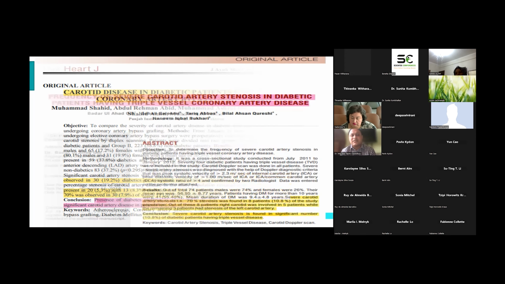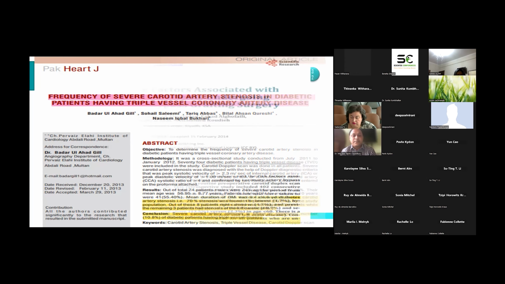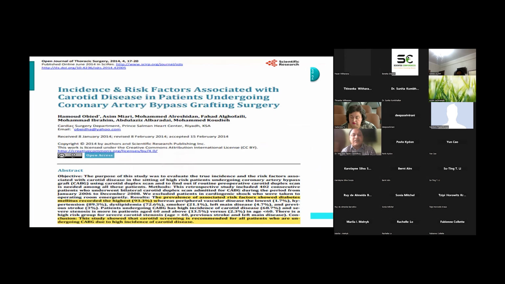This is another study similar to ours. Severe carotid artery stenosis was found in a significant number, 10.8%, of diabetic patients having triple vessel disease. In this study, they found that diabetes mellitus was among the highest recorded risk factors, at 93.3%.